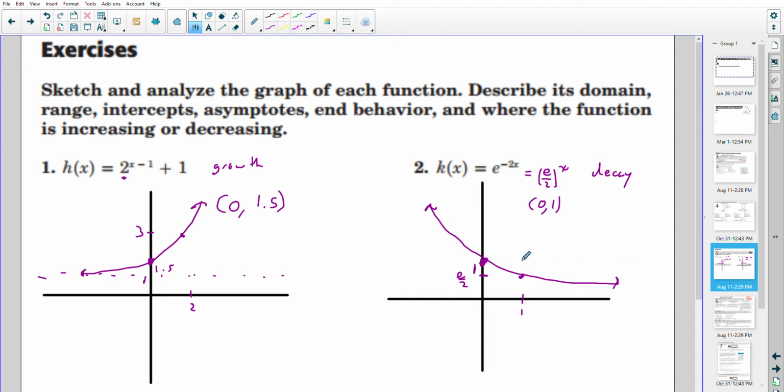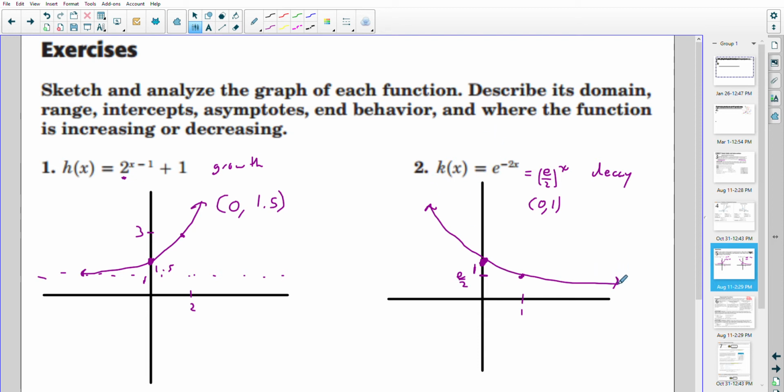And again, you could answer these questions. Domain is all real numbers, because your x's are all real numbers. Your range is going to be from 0, not including 0, to positive infinity. Intercept, (0, 1). Asymptote is going to be the x-axis, or y equals 0. And behavior, if I go limit as x goes to negative infinity, f of x is going to be positive infinity.